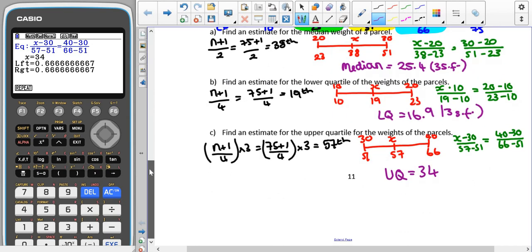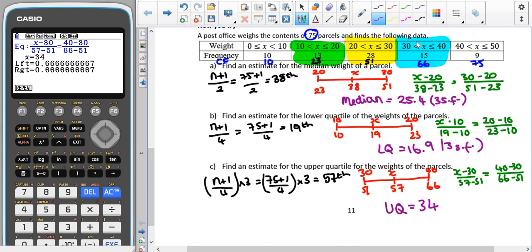Lastly, when we have a look at the upper quartile, this time we're doing n plus 1 divided by 4 and then times by 3. So 75 plus 1 divided by 4 times 3 gives us 57, so we're looking for the 57th piece of data for our upper quartile. And you can see here that I've coloured that in blue. That interval there ends at 51, this one ends at 66, so somewhere in there is my upper quartile.